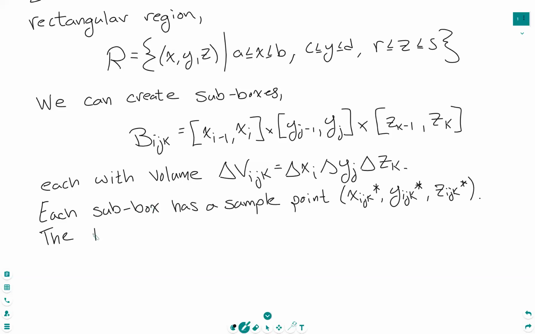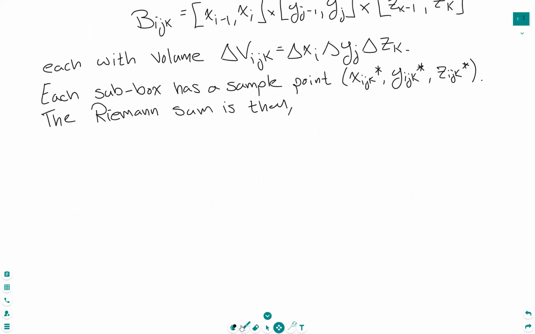The Riemann sum is then the sum with i equals 1 to some L, j equals 1 to some M, and then we have k equals 1 to some N. So this is the number of subdivisions in each direction.